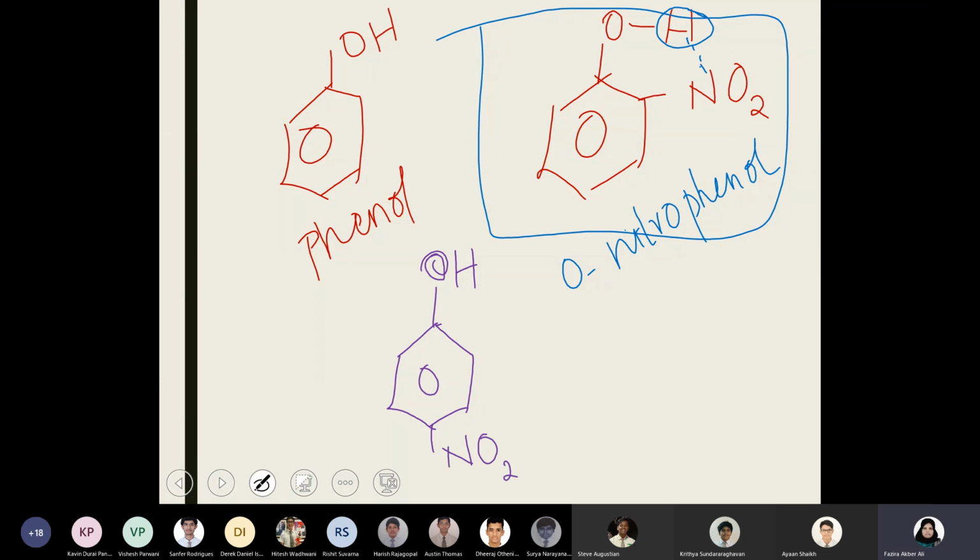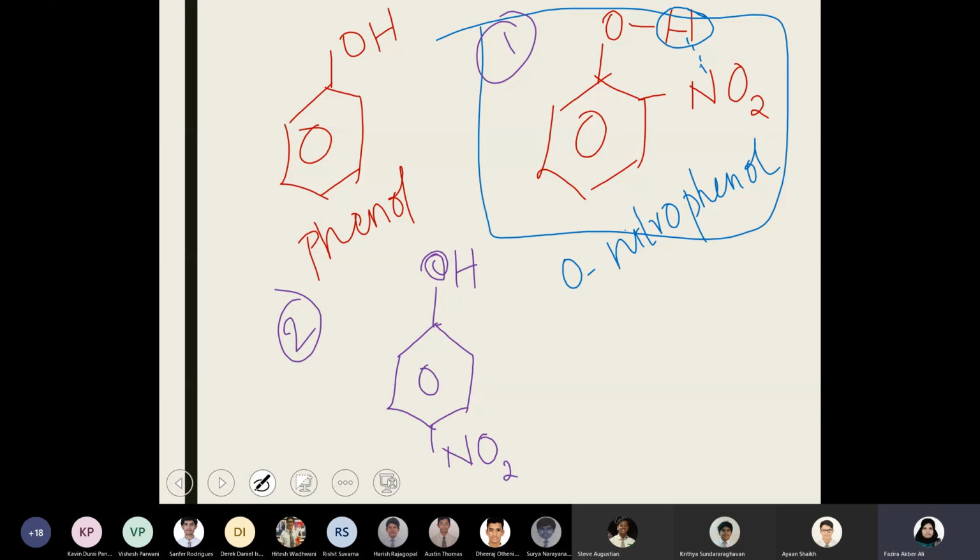at the opposite side. So if you look at the first and second structure, I'll label them 1 and 2, their molecular formula, everything is the same. It is a benzene ring, there is one OH group and one NO2 group attached to the benzene ring. But the only difference is that the position of the NO2 group in the first example was next to the OH group.